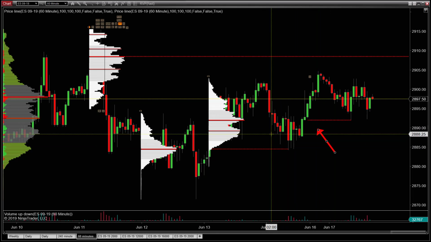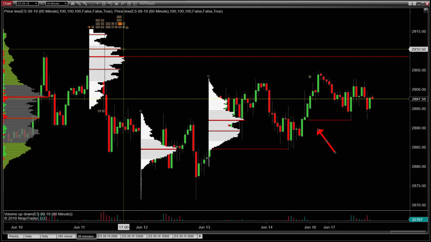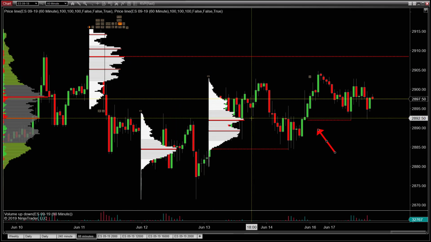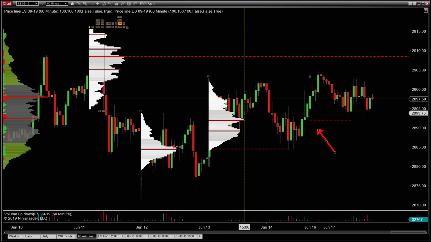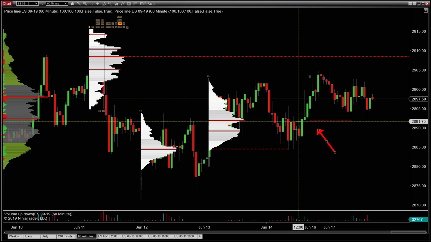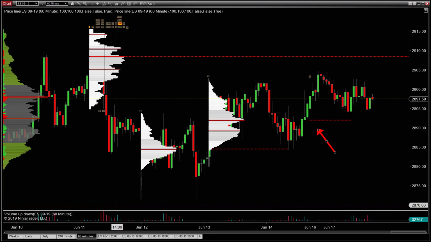That's what I'm trying to show you and teach you: these volume profiles tell you where other people are interested in trading, and the bigger the volume and the better the location, the better your odds. But hopefully all that makes sense.